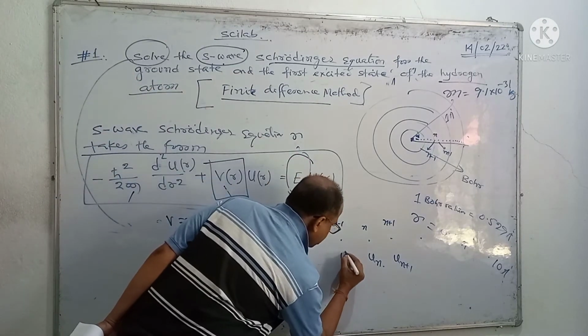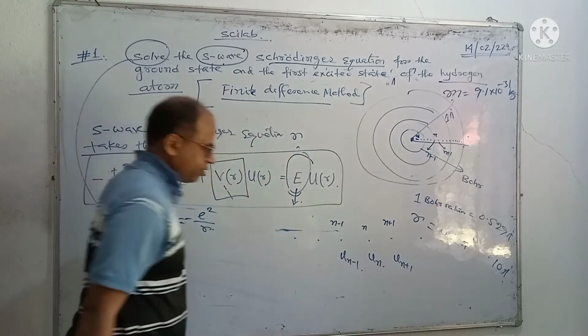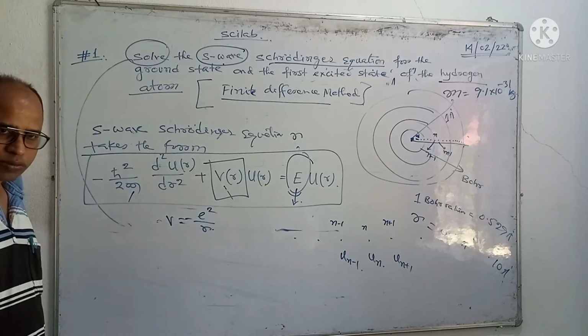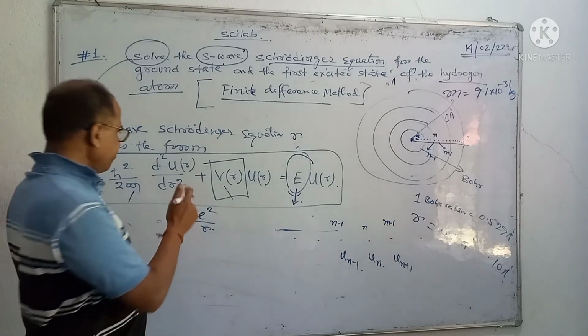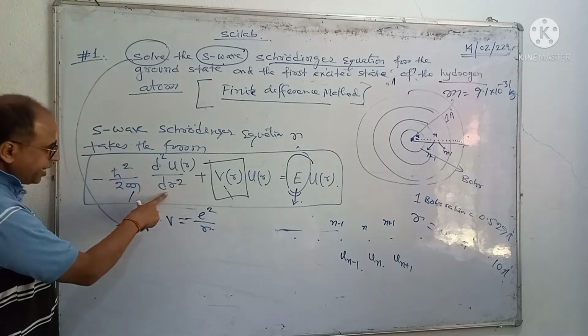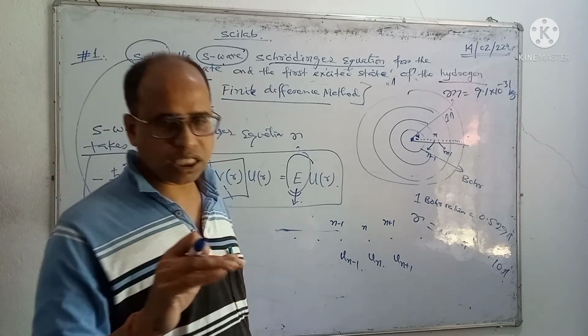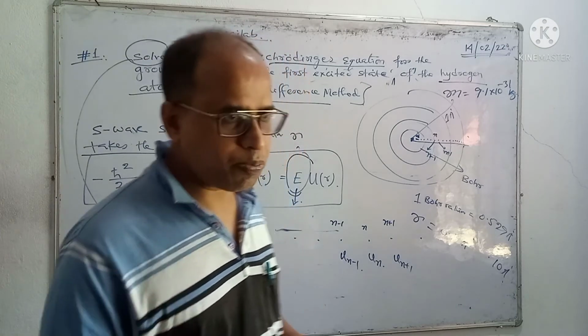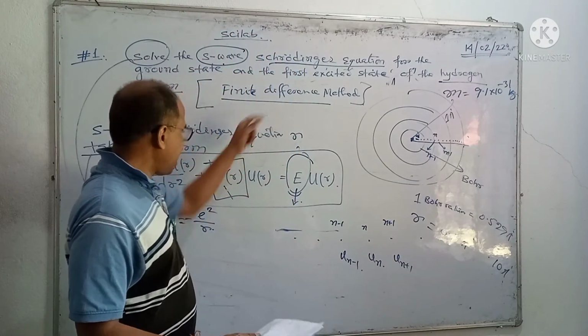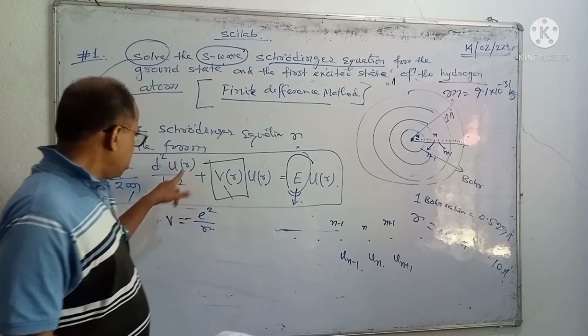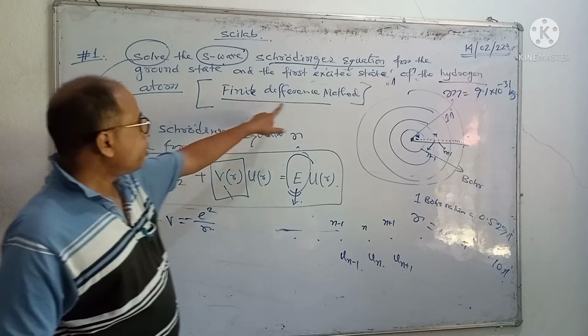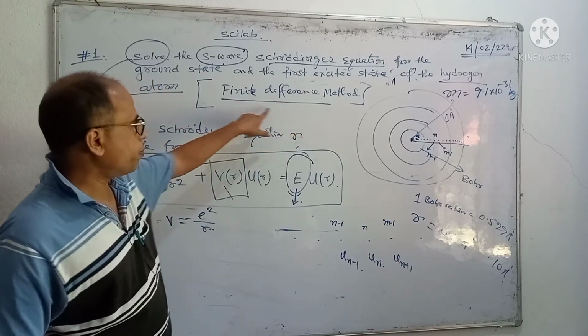And here it is un minus 1. Now, using d2u by dr square, the computer doesn't know what d2u by dr square is. In finite difference method, I have to convert it in this form.